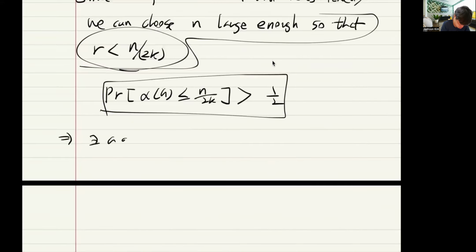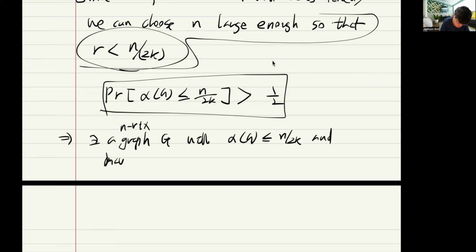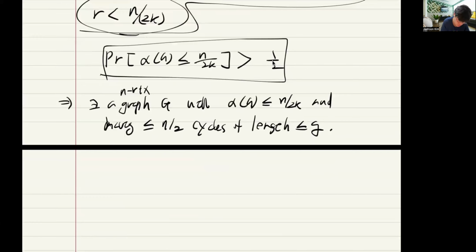So there exists an n vertex graph G with alpha more than n over 2k, and having fewer than n over 2 cycles of length at most g.